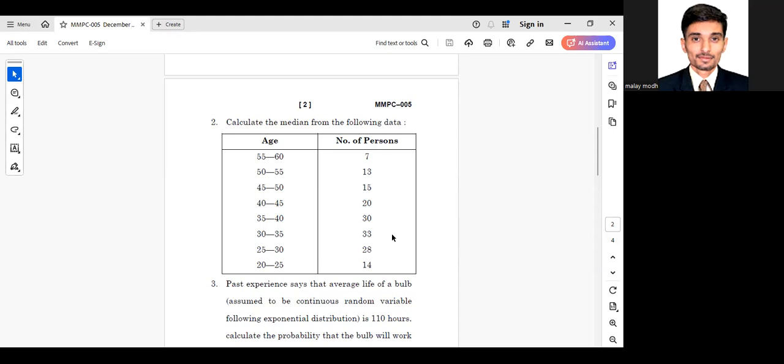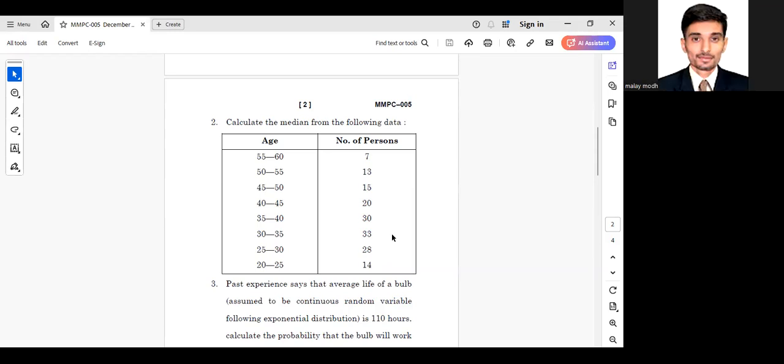Apurva, can you please repeat the value? It's 31.6, sorry. L is 35. No, plus N by 2 is 80, that is the median.